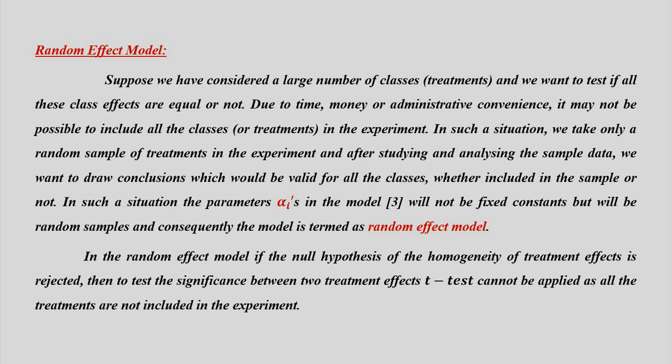In such a situation, we take only a random sample of treatments in the experiment and after studying and analyzing the sample data, we want to draw conclusions which should be valid for all the classes, whether included in the sample or not. In such a situation, the parameters alpha i's in the model will not be fixed constants but will be random samples, and consequently the model is termed as the random effect model.